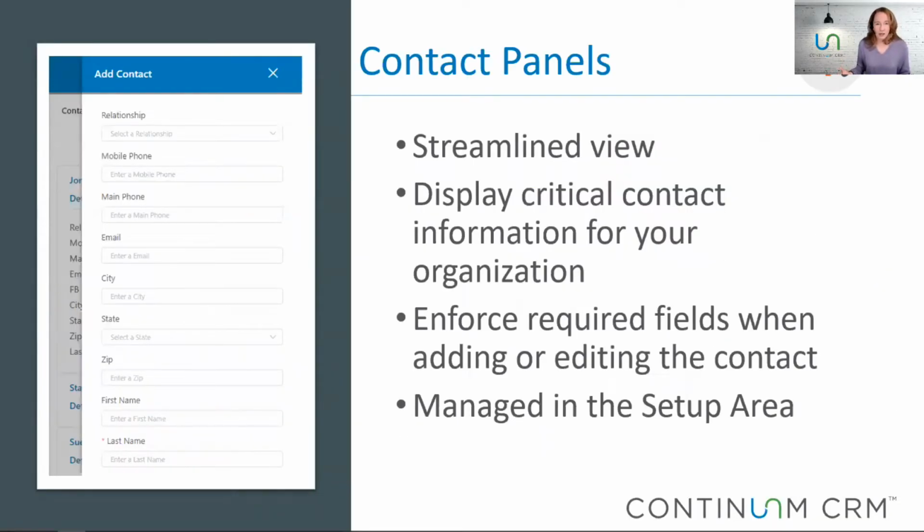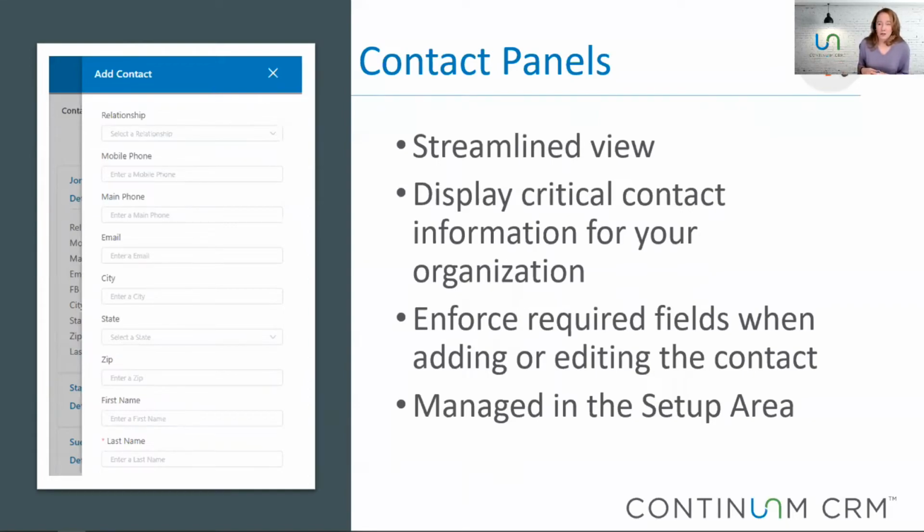Then we look at the contact panel. So one thing that we haven't highlighted in the Prospect Center yet is the interaction for adding a contact into the prospects area. And so it's a streamlined view, not the full-blown contact profile. It is focused on what is the most critical information for your capture of a contact. We can enforce required fields still, and this will be managed in the setup area.